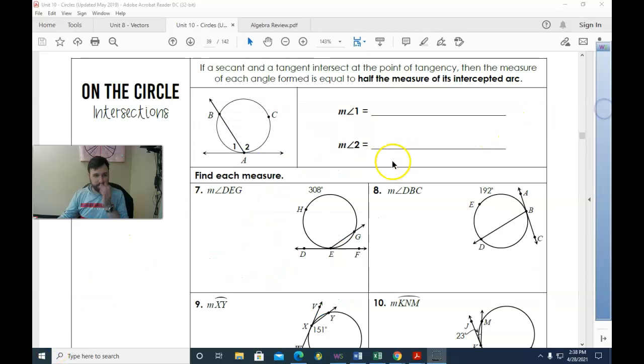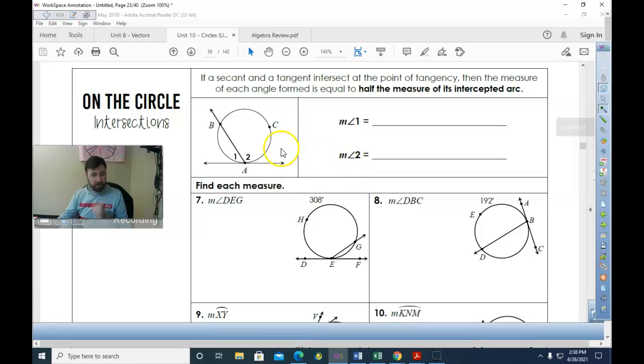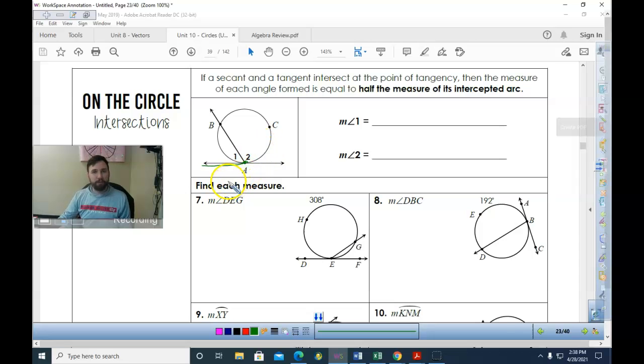All right, we're going on to the back page now. Let's say you're on the circle. What do I do if this dot's on the circle? I have a tangent line and another line, and I want to find these two angles. We actually do the same thing we did with inscribed angles. The measure of angle 1 is half the arc.